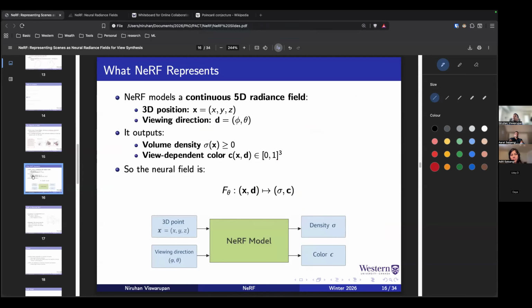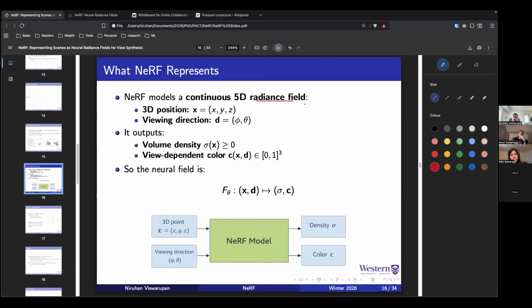So now we go to some rigorous definitions. NeRF models a continuous 5D radiance field. The long form of NeRF is neural radiance fields, and the concept of radiance field existed long before it came out, in the 90s in physics.